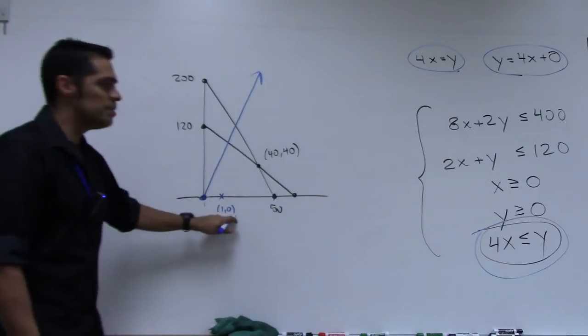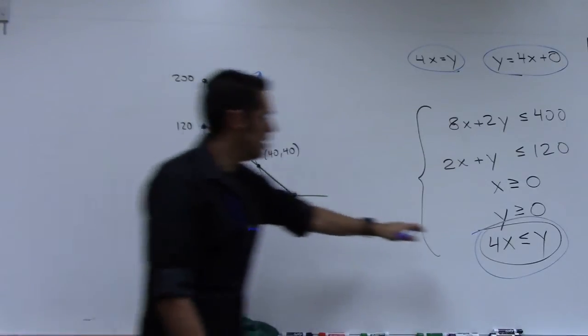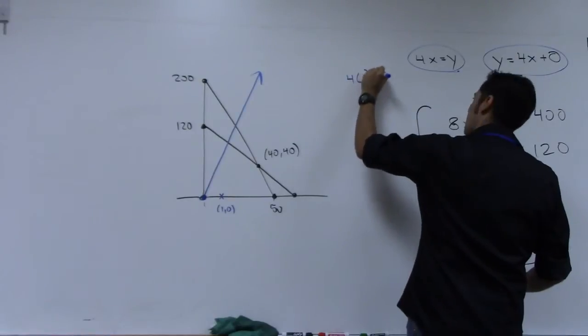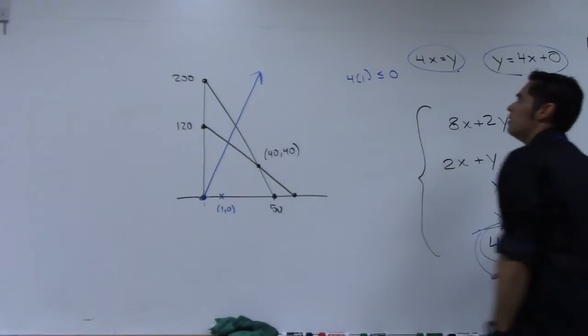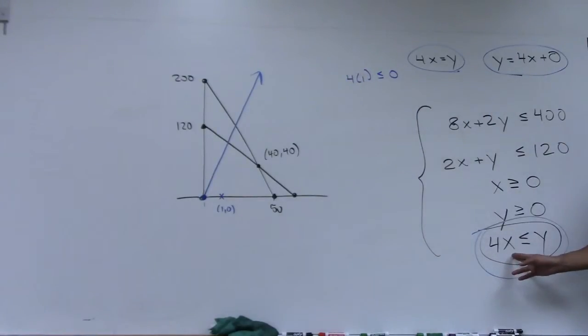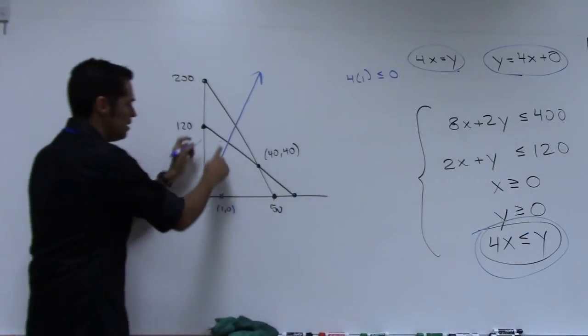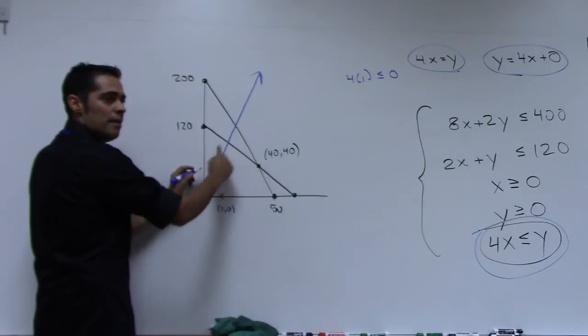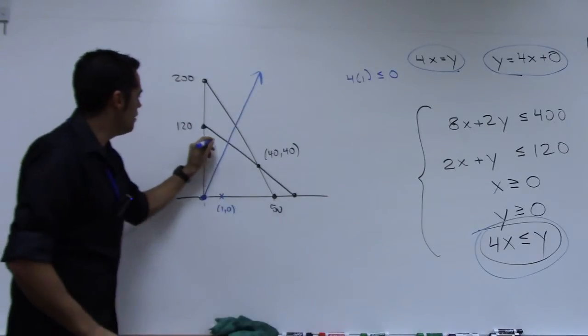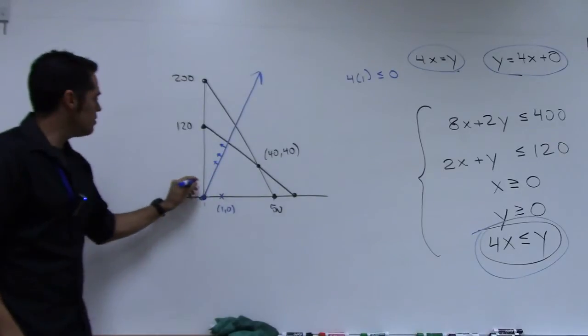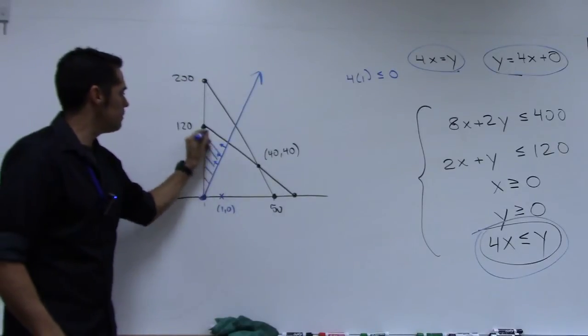Plug it in: 4 times 1 less than or equal to 0. Yes or no? No, that's not true, which means shade the other side. The old feasible region was this whole thing. Now I have this additional restriction, so my feasible region is this. Understand?